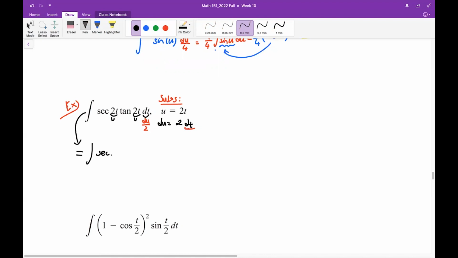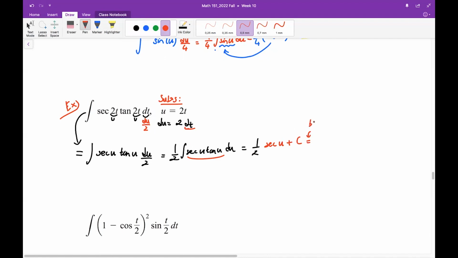So what is it? Secant u times tangent u, and instead of dt, you write du over 2. So it is 1 over 2, okay, let me write this again, secant u, tangent u, du. Tell me a function whose derivative is secant times tangent. It is obviously secant u. Don't forget to put this arbitrary constant c.